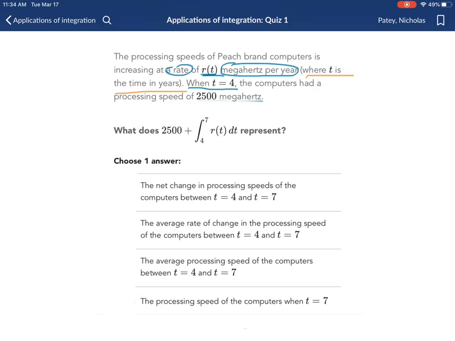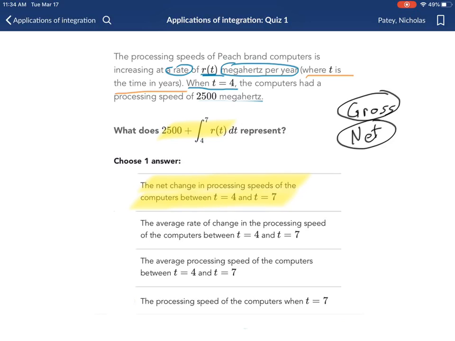Now if we read each of these statements, we can decide which one this actually says. The first is the net change in processing speeds of computers from 4 to 7 years. That would be true if not for the 2500. Remember, net represents a difference, kind of like gross income versus net income: your gross is the total amount of money that you make, and your net is what you have left over after you take out the deductions.